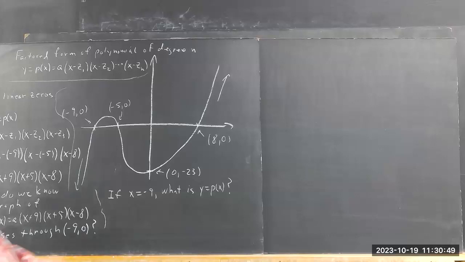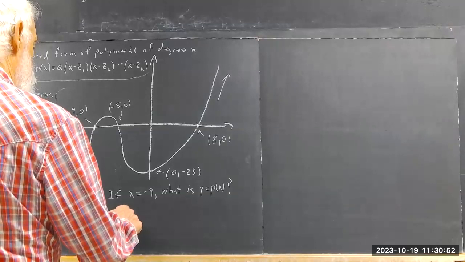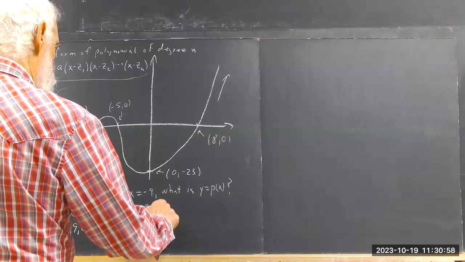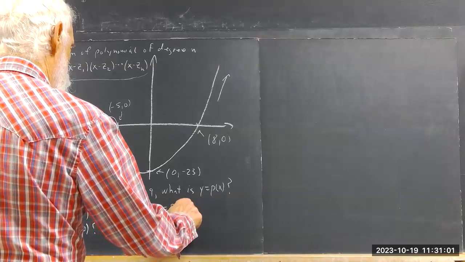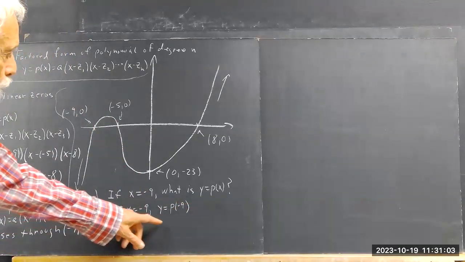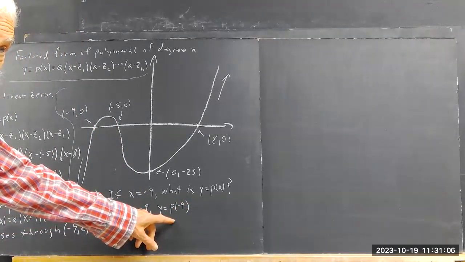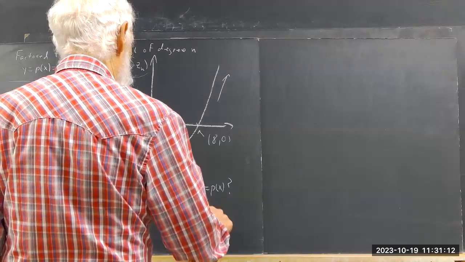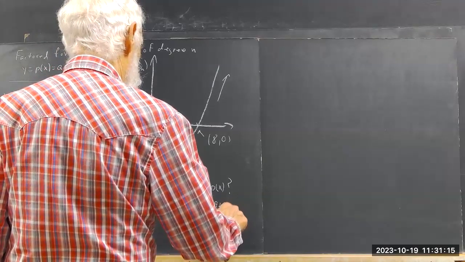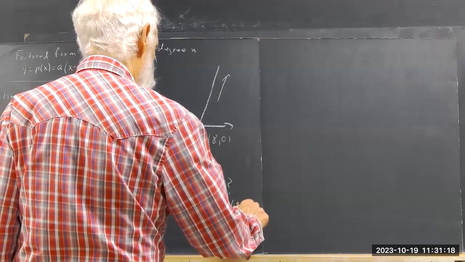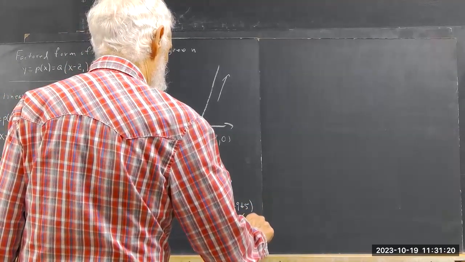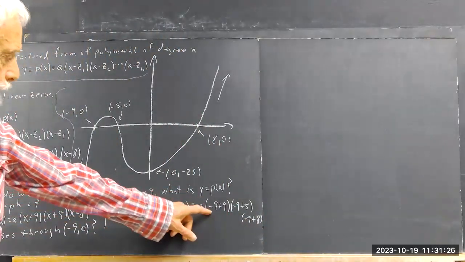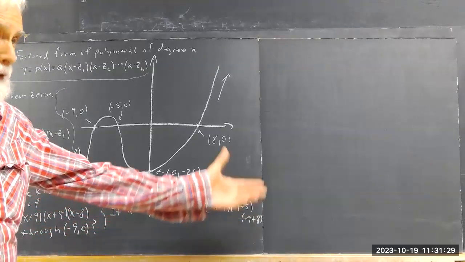Well, x equals -9, y equals P of -9, which equals a times -9 plus 9 times -9 plus 5 times -9 minus 8. Now, actually, as soon as you got -9 plus 9, since all these are multiplied, you know you're getting 0, right?